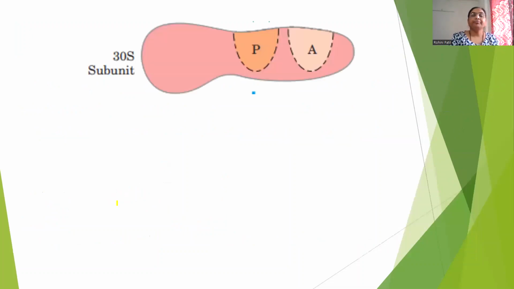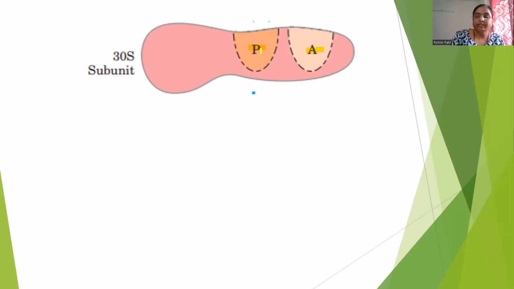When you look at the 30S subunit of the ribosome, there is a P site and there is an A site. The P site is the site where the first charged tRNA comes in, the fMet charged tRNA.